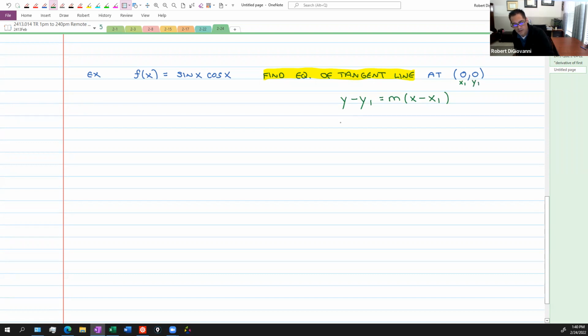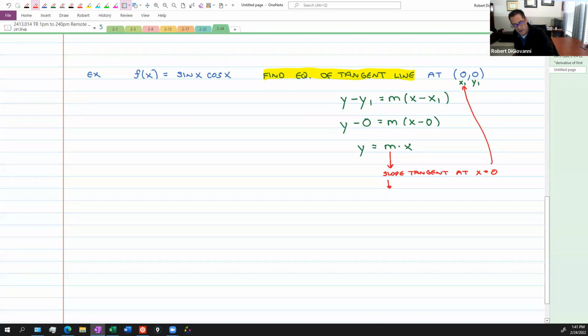So y minus 0 equals m times x minus 0, which really is just y equals m times x. The only thing we have to determine is the slope of the tangent at x equals 0, which means we need the derivative of this function at 0.